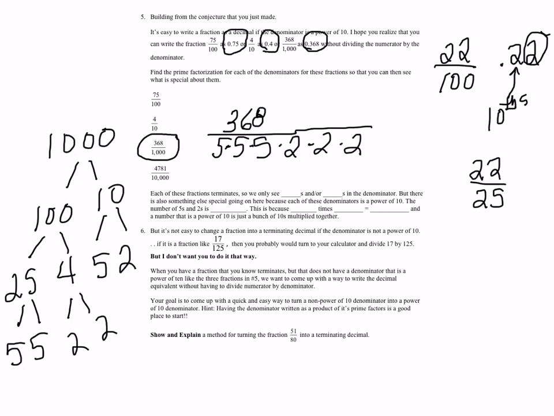All right, so you want to do the same thing for these other 3 fractions. And then you're going to come down. And you're going to say each of these fractions terminates, so we only see, these are the numbers from before, and then you're going to keep moving on through here, okay? So the number of 5s and 2s is, and you're going to say what do you notice about the quantity of?